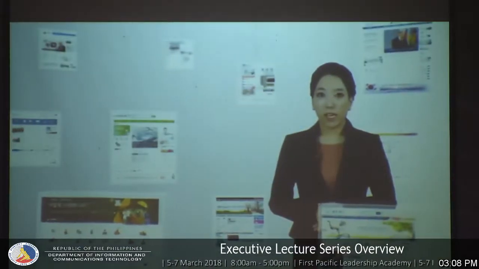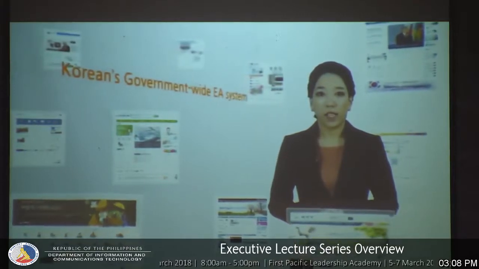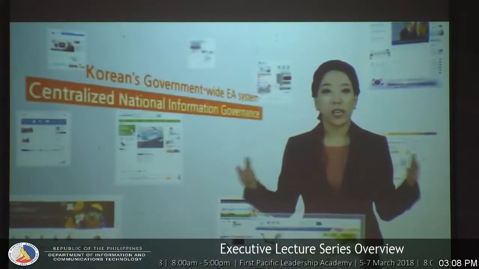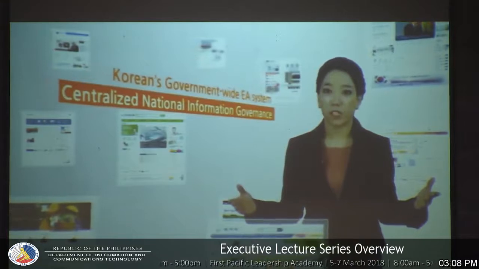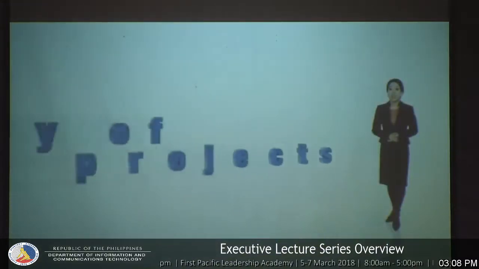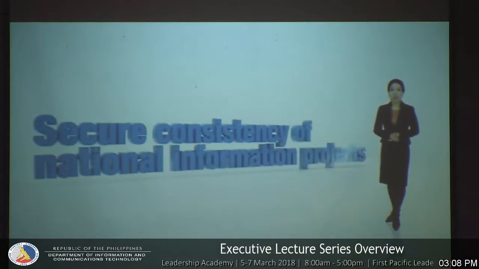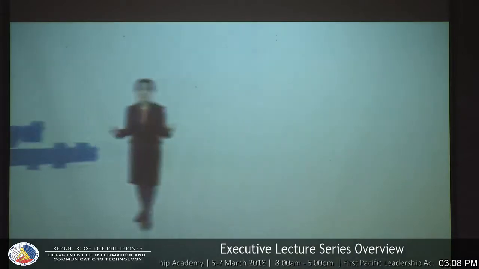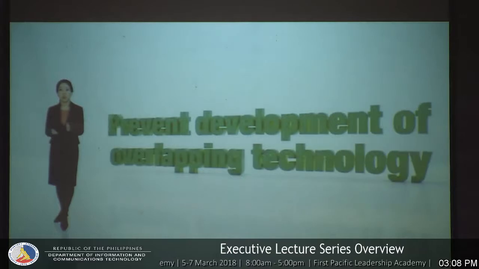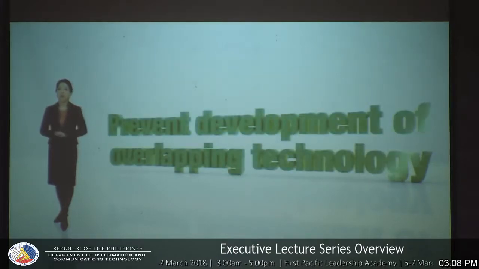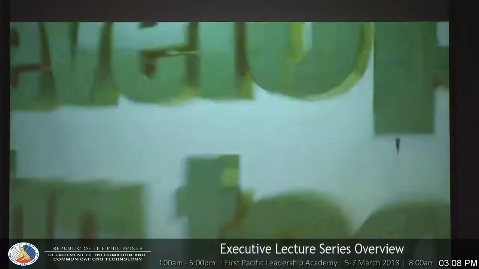Through the government-wide EA portal, Korea has realized the unparalleled centralized national information governance. It has helped ensure consistency of national information projects executed by each organization and the prevention of service overlap through information sharing on all national information projects among agencies.